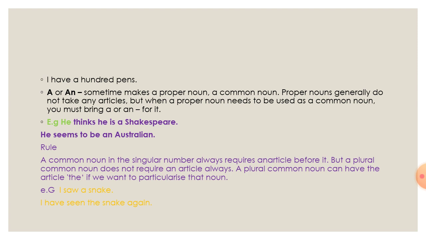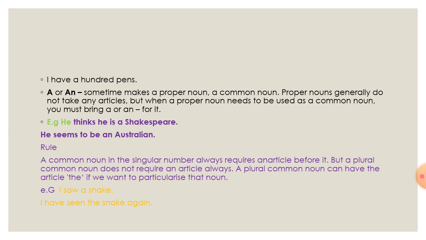A and an sometimes make a proper noun a common noun. Proper nouns generally do not take any articles, but when a proper noun needs to be used as a common noun, you must bring a or an for it. For example, he thinks he is a Shakespeare.